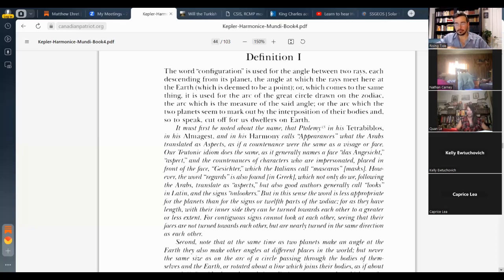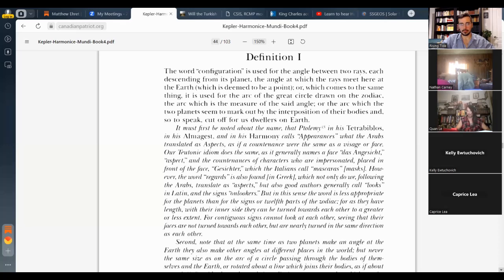Our Teutonic idiom does the same, as it generally names a face das Angesicht, aspect, and the countenances of characters who are impersonated, placed in front of the face, Gesichter, which the Italians call maschera for mask.